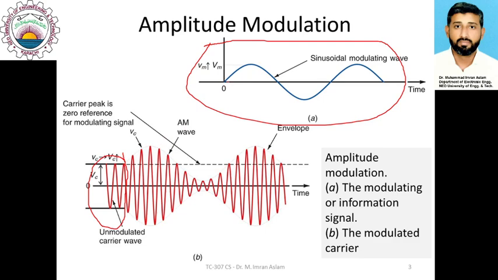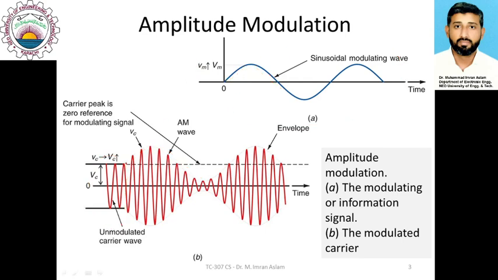We can see that as the amplitude of the modulating wave increases, the amplitude of the carrier wave also increases, and when it starts to decrease, the amplitude of the modulated carrier wave also decreases. So these variations are following the modulating signal.